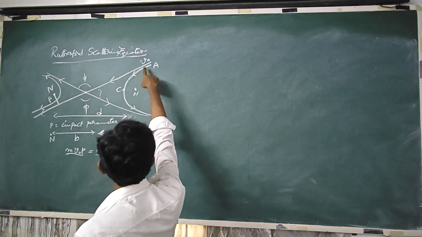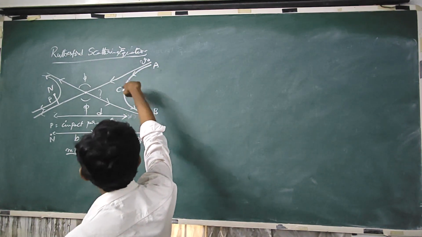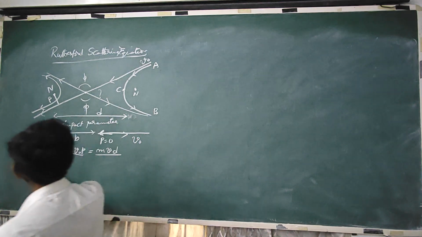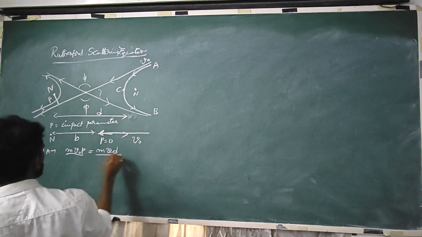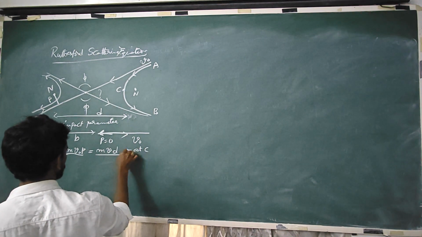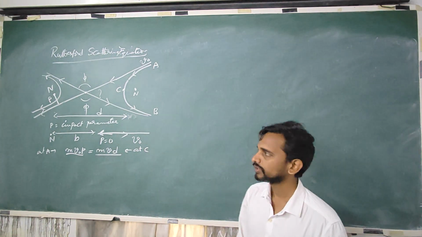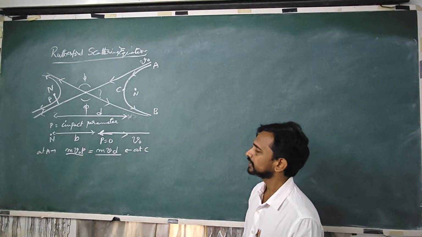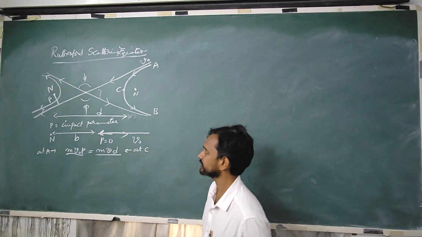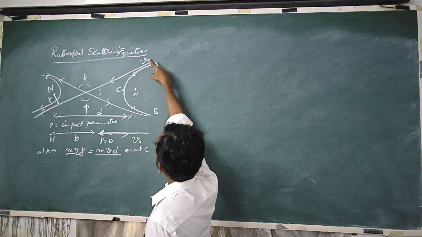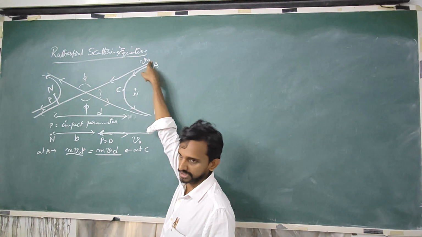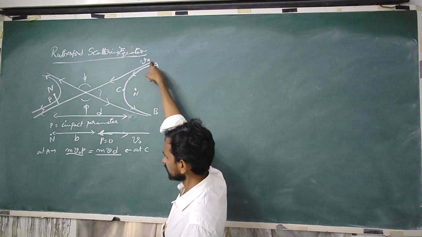I am applying the conservation of angular momentum at point A and at point C. So this is at A, this is at C. In this story, what we know is v naught, the initial velocity of the particle, and the mass of the particle.